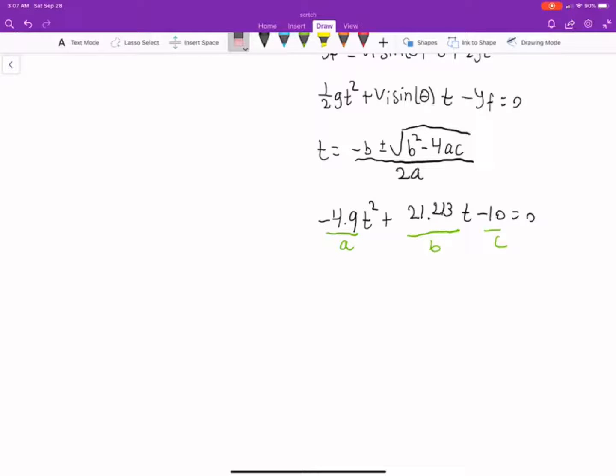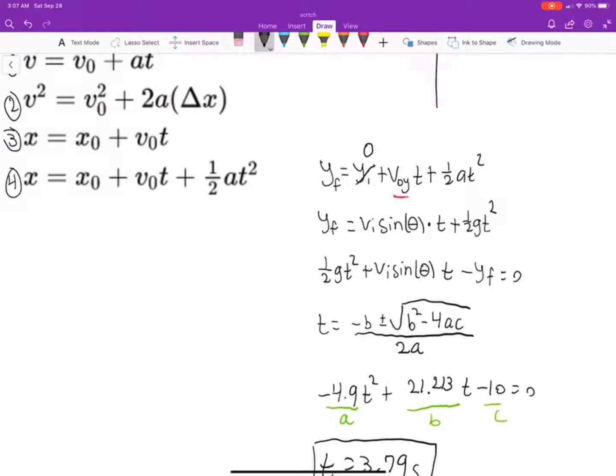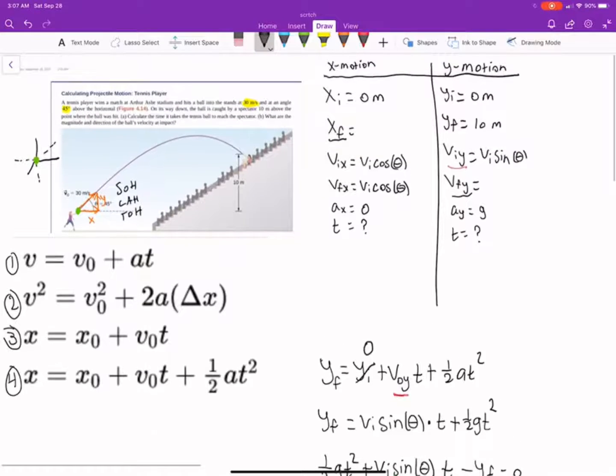Okay, so let's try this one more time. Negative 4.9, 21.213, negative 10. And now we get a time of 3.79 seconds. There we go.